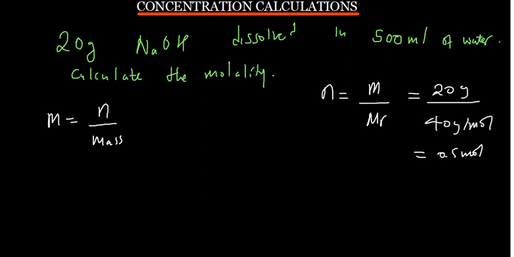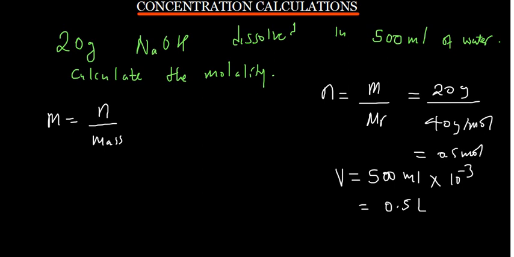We first need to convert from mils to liters. To convert to liters, just multiply by 10 to the power negative 3. So this is the same as 0.5 liters. Divide by 1000 or multiply by 10 to the power negative 3.